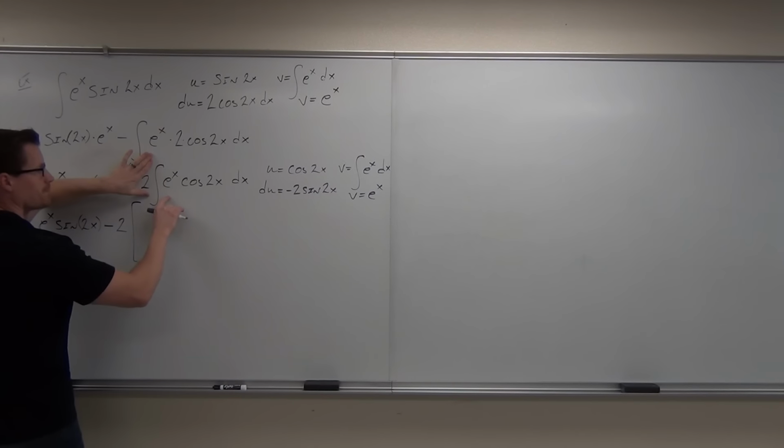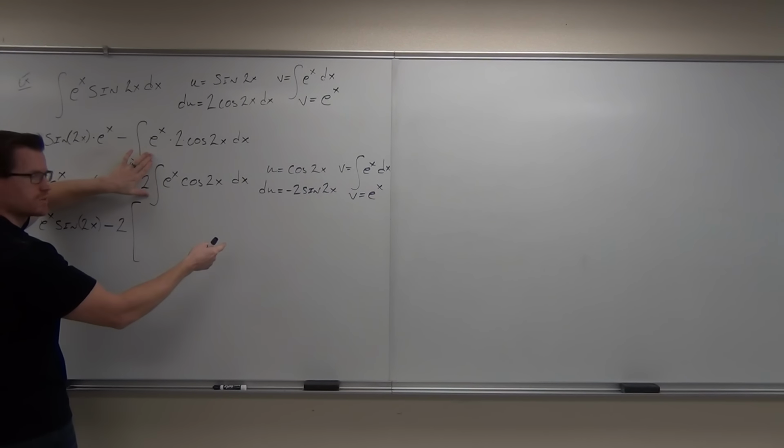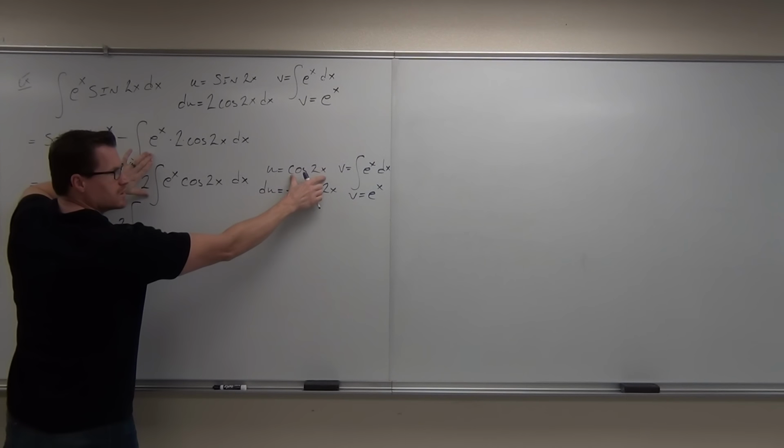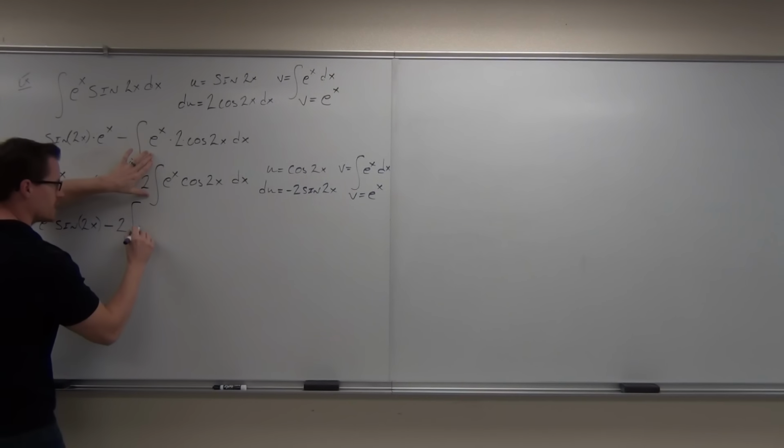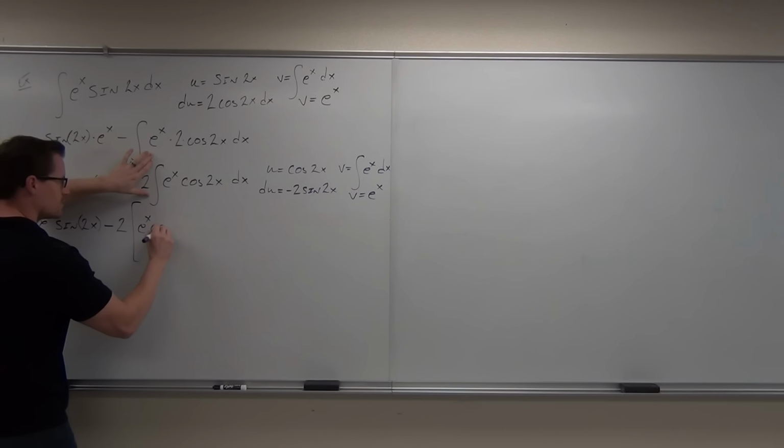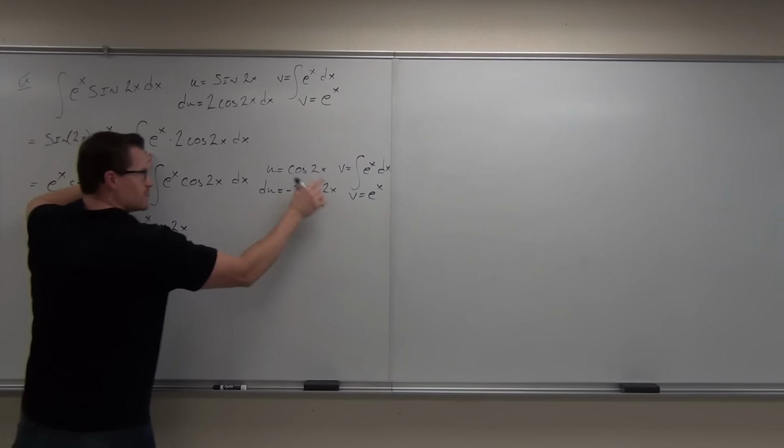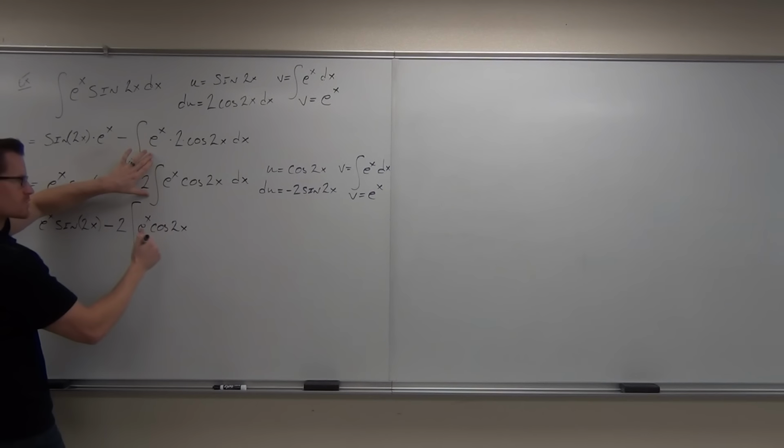Now our integral, what are we going to write first? U times e to the x. U times v. So yeah, you could write cosine 2x times e to the x or e to the x times cosine 2x. It doesn't matter. It's u times v. So I'm going to write e to the x cosine 2x. U times v. We just have it in backwards order.